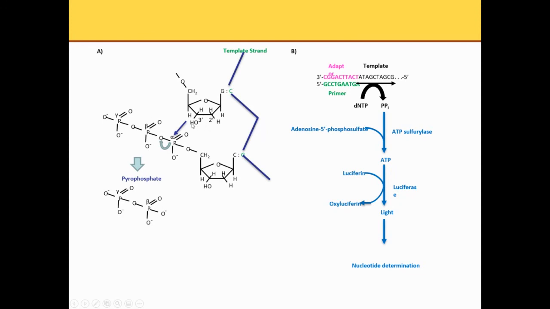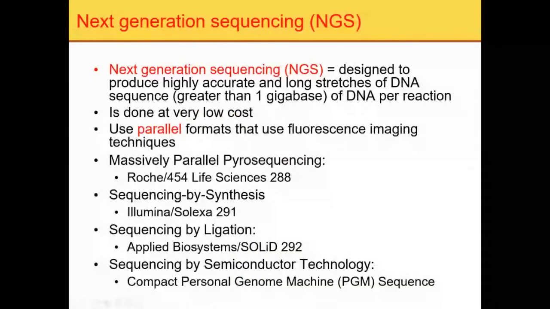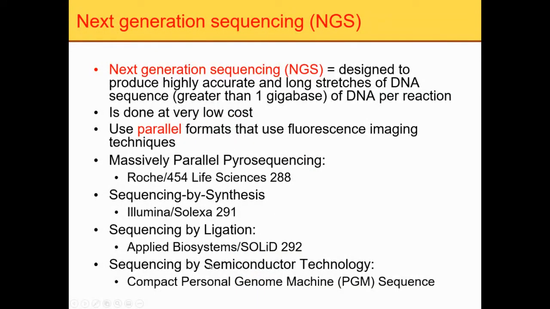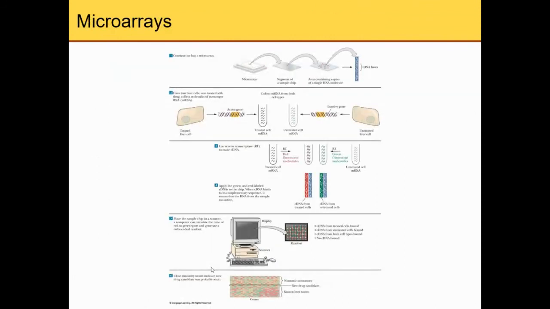In the meantime, the hydrogen from this hydroxy group will be released, and that will cause the pH to increase. Then you can detect the change of pH, so that you know which nucleotide was added to the sequence.